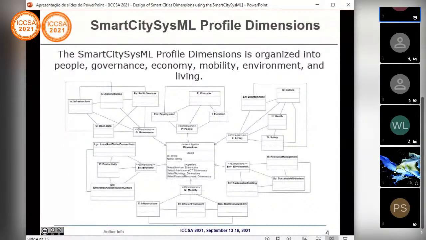The Smart Cities ML profile dimension is organized into people, governance, economy, mobility, environment, and living.